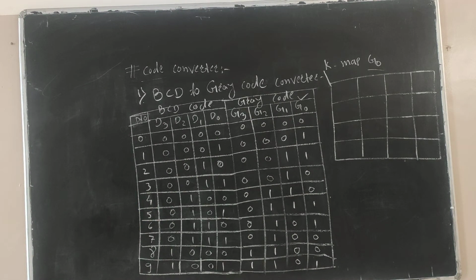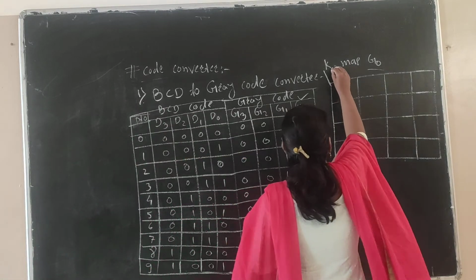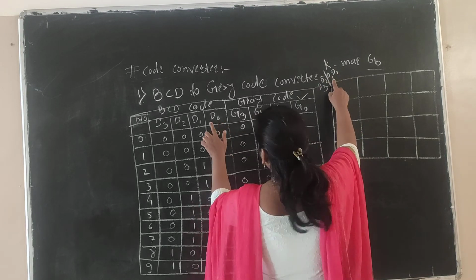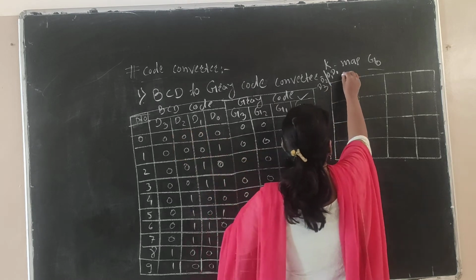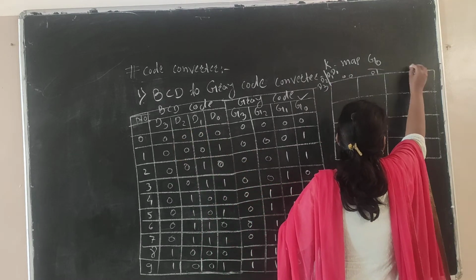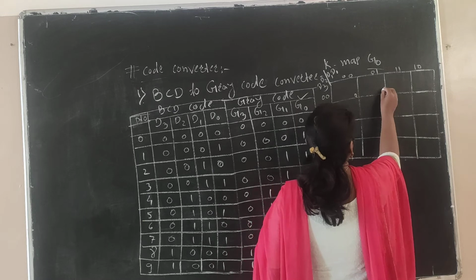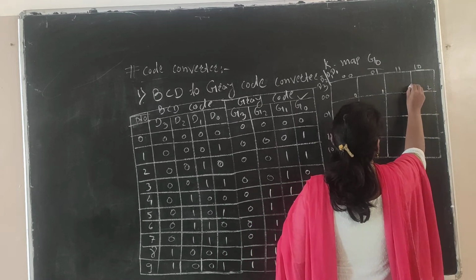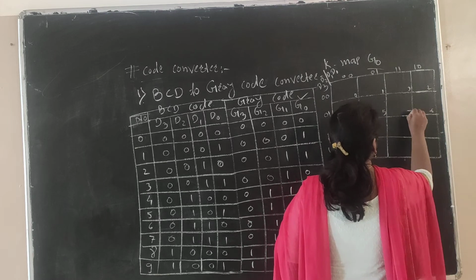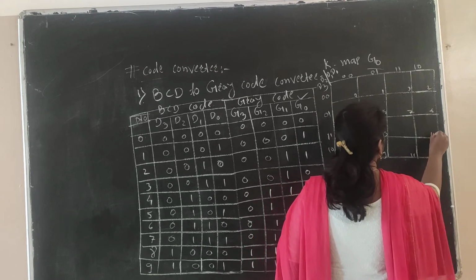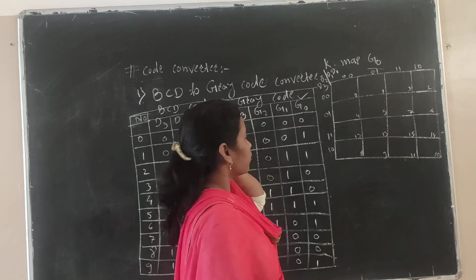We label the K-map with 00, 01, 10, 11 on each axis, and the cells are numbered 0, 1, 2, 3, 4, 5, 6, 7, 8, 9, 10, 11, 12, 13, 14, 15. These are the numbers. Now put the values for the G0 cells.